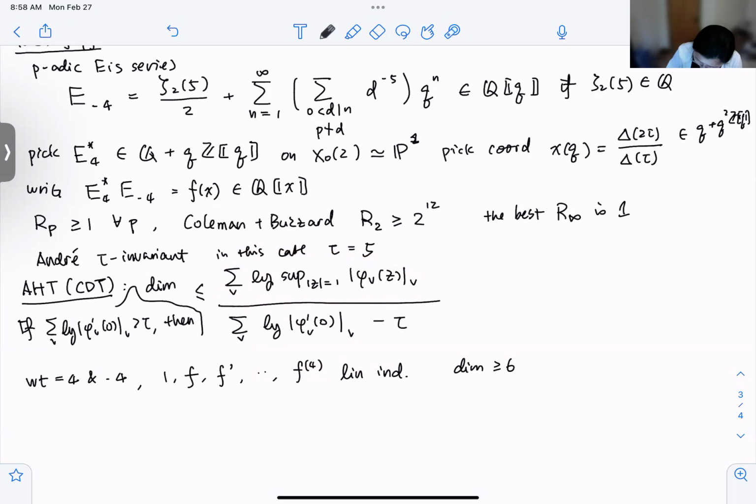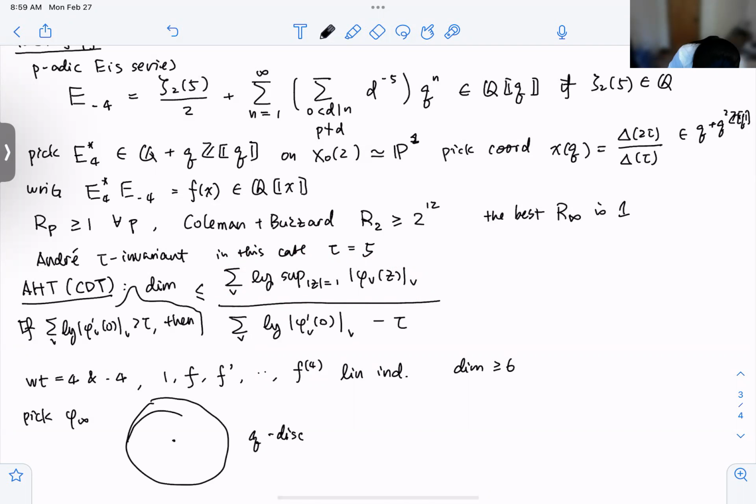What we're going to do is we just pick phi infinity to be that this is our Q disk, and then we pick this region. So the coordinate here is 1/7.